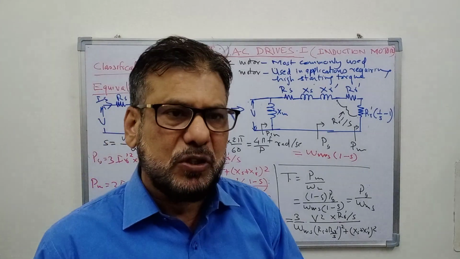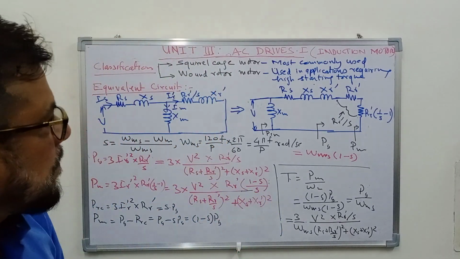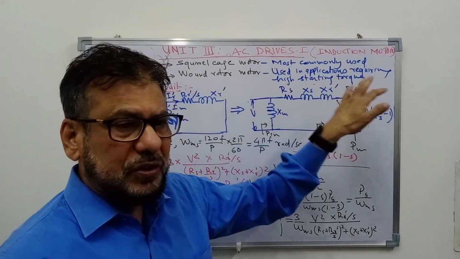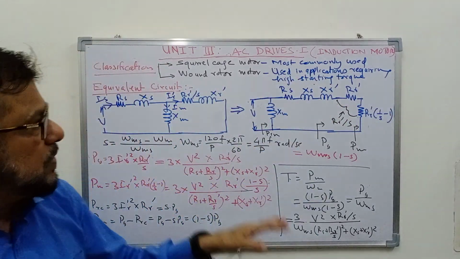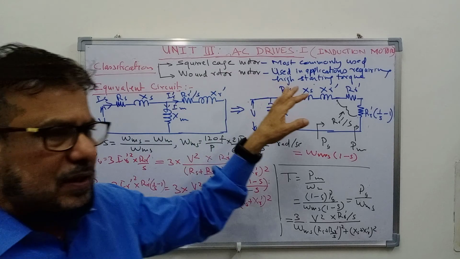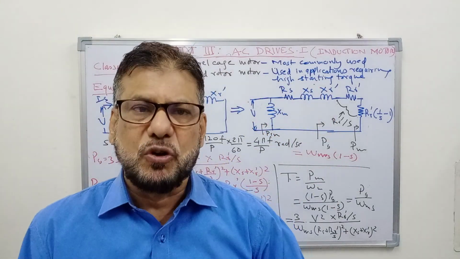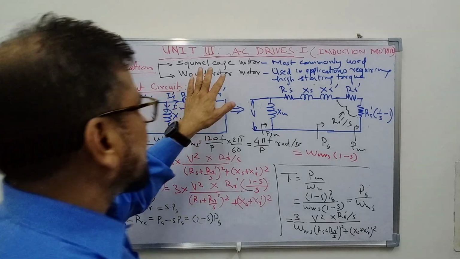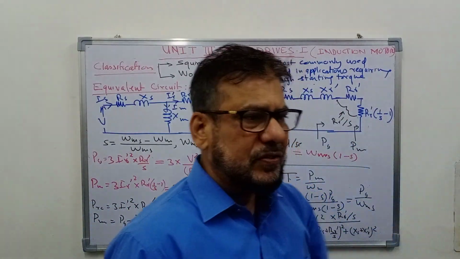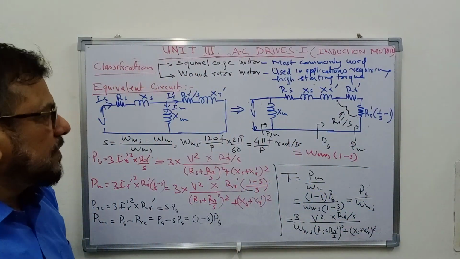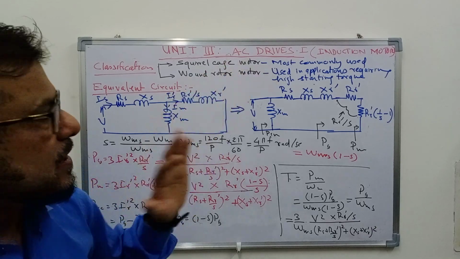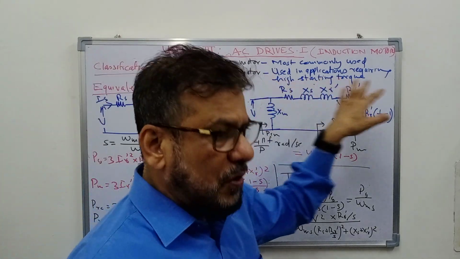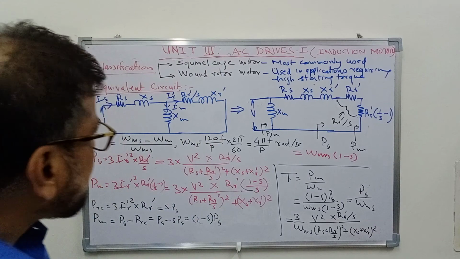Of course, wound rotor motor is costlier as compared to a squirrel cage motor, and it requires even more maintenance. So usually we prefer a squirrel cage motor in most applications, but where high starting torque is required, we go for wound rotor type induction motor.